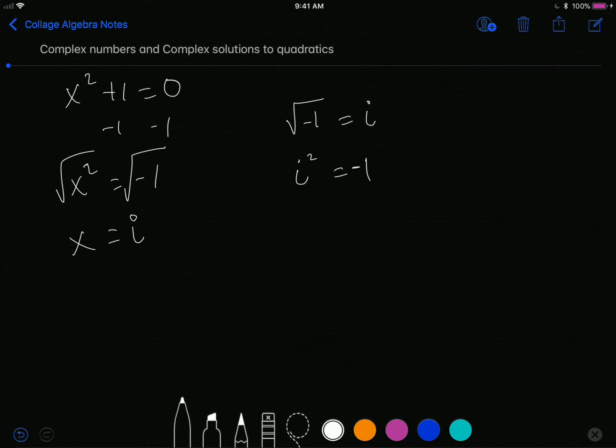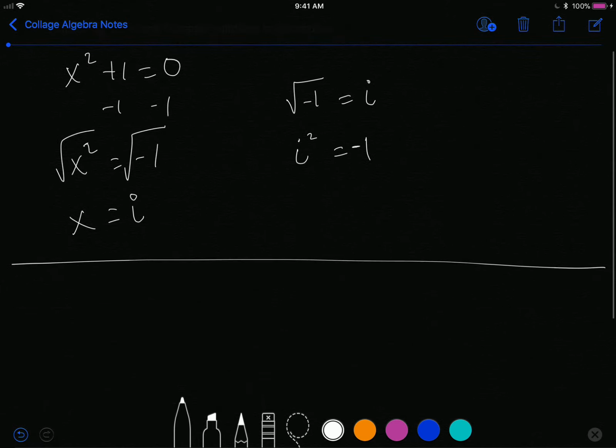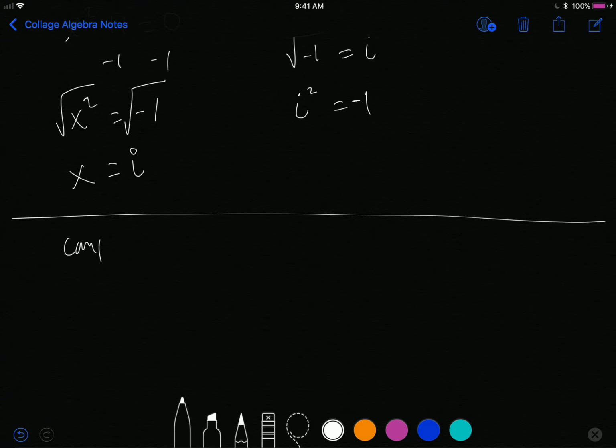Now let's take a few minutes to just look at complex numbers. A complex number is one that can be written in the form a plus bi. a is called the real part, and b is called the imaginary part.